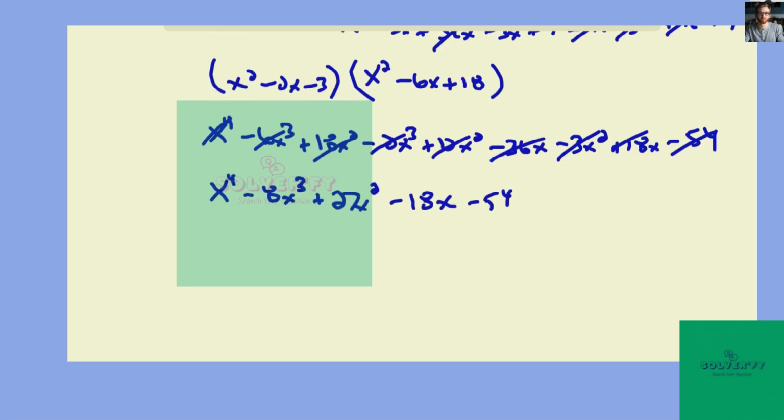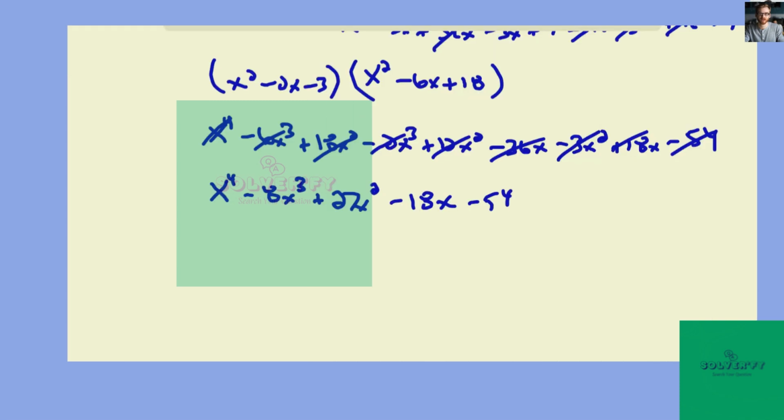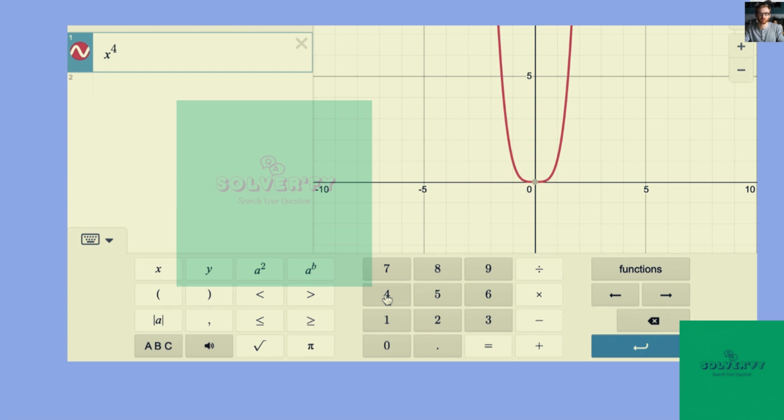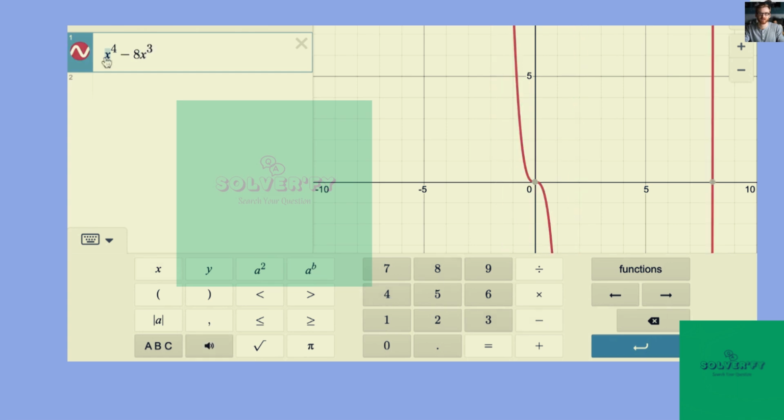Now we want to check, because it's supposed to be true that f of 1 is negative 104. So let's first graph. I'm using decimals. It does say if you're using a graphing calculator to check it. So let's check what x to the 4th minus 8x cubed. I'm actually going to do f of x.